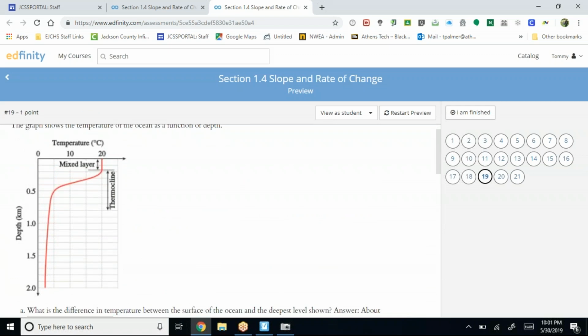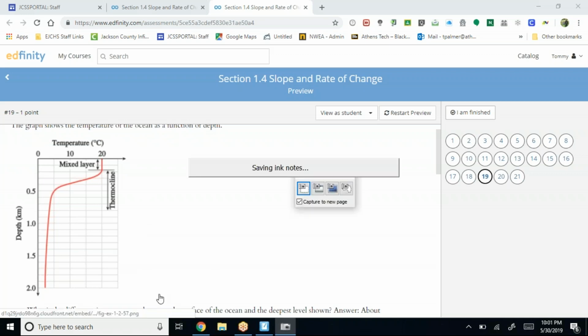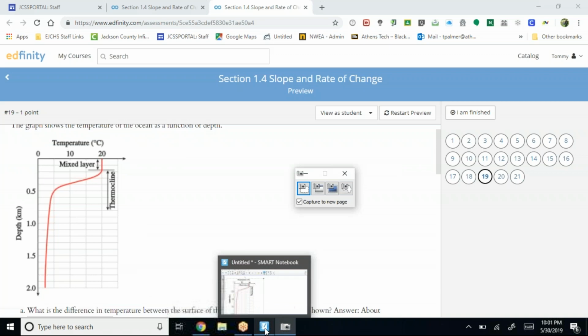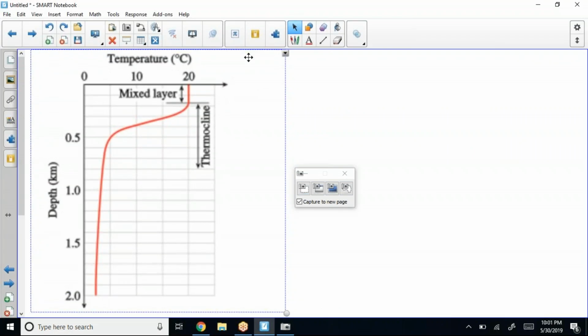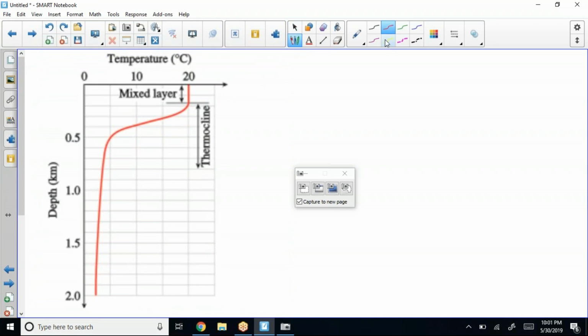So here, let me show you what they're looking at now that I've figured out what the question is really wanting to do. You take this over. All right, so the first one says, what's the difference between the temperature? So what they're saying is from here.